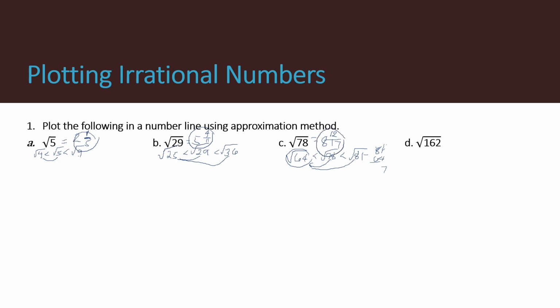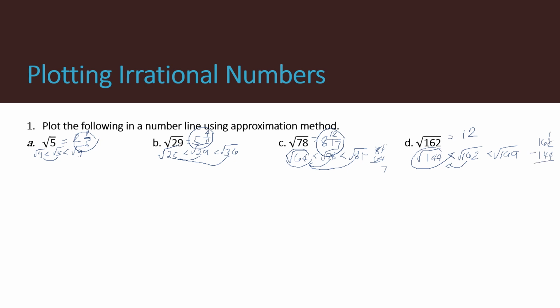Next, the square root of 162 is between the perfect squares 144 and 169. The square root of 144 is 12, and then 162 minus 144. Let me subtract that.